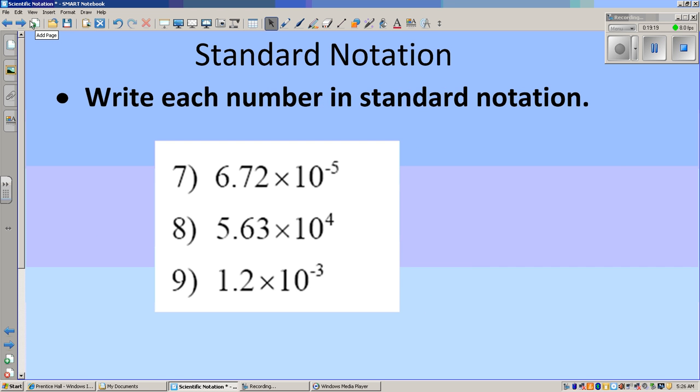Okay, moving on. Let's go backwards now and practice writing again in standard notation. Here we're starting off in scientific notation. I want you guys to write these in standard notation. I'll give you about a minute to do that.